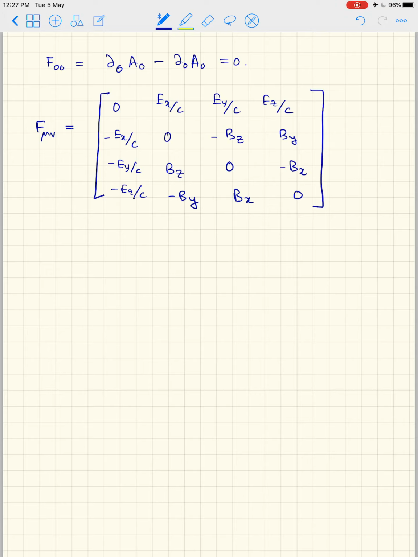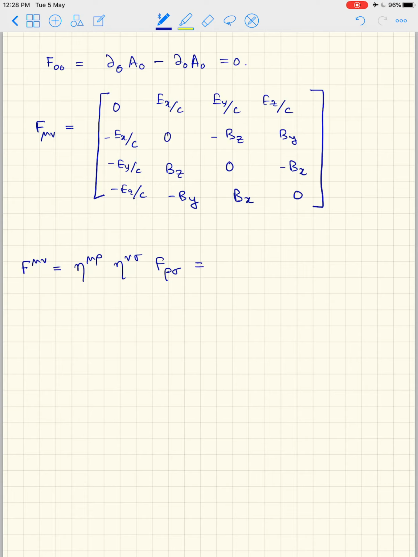Remember that if you were to try and put both these indices up, you can again use your Minkowski metric to raise this. So F upstairs mu nu is eta mu rho eta nu sigma F rho sigma.